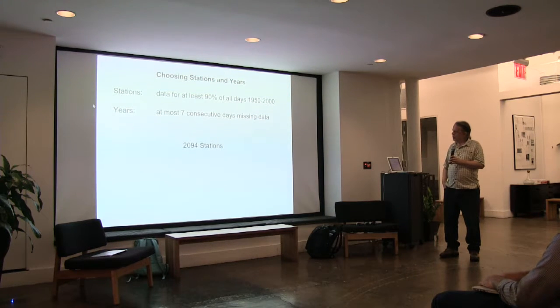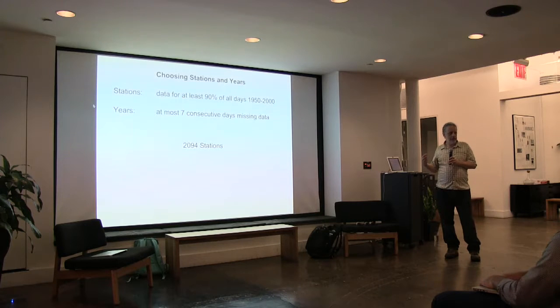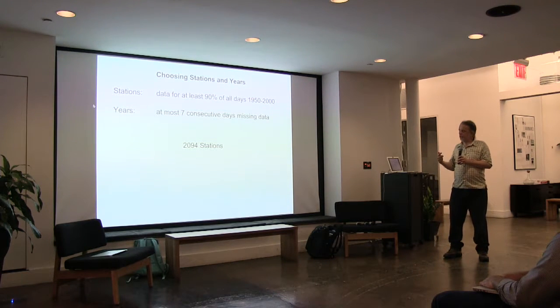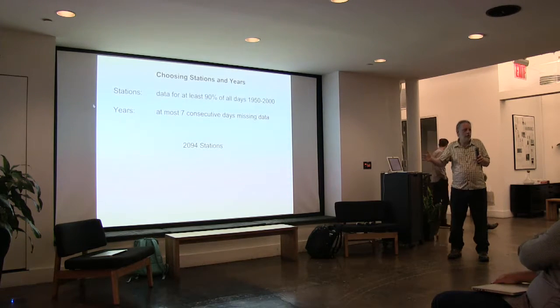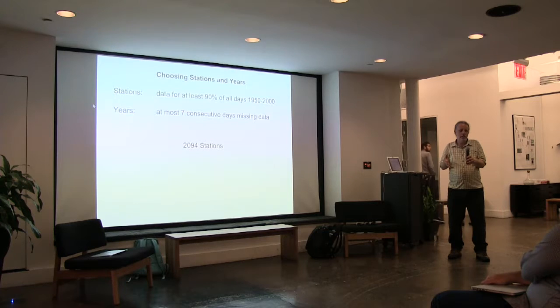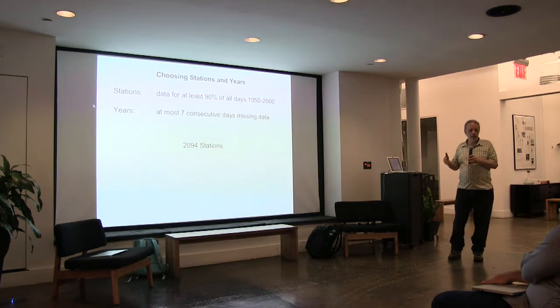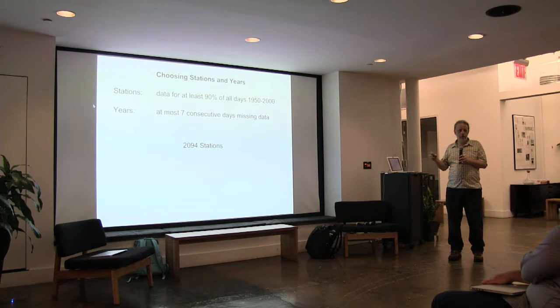So then I computed the annual average of the Tmax and the Tmin for each station, but also taking into account that a lot of times you'll have a station that maybe has 100 years' worth of data, but there are periods when the station was broken for several months. And so if in one particular year the station sat there and didn't produce any data in the winter, the average computed for that year would be too high.